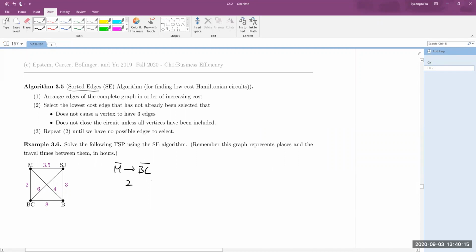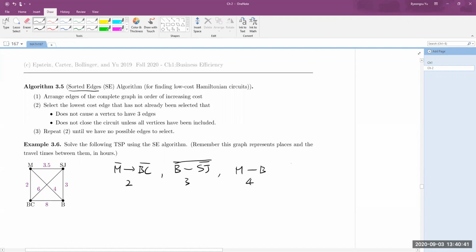And the next smallest distance is from Barbados to San Juan. So it is 3. And the next one is 4, which is Miami to Barbados.